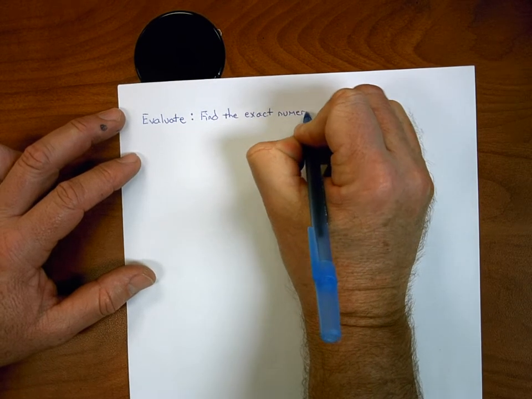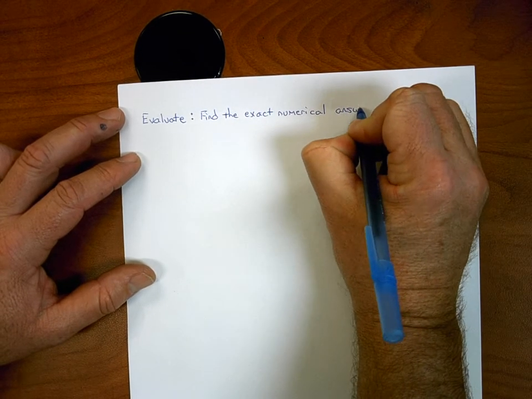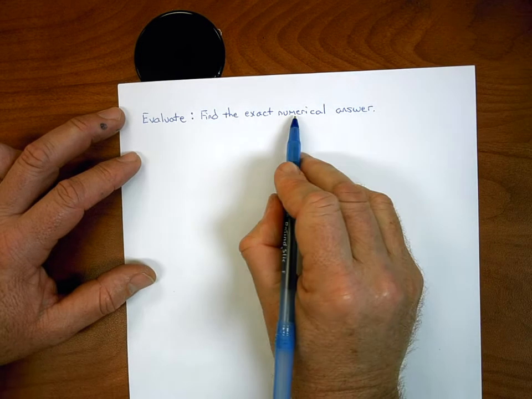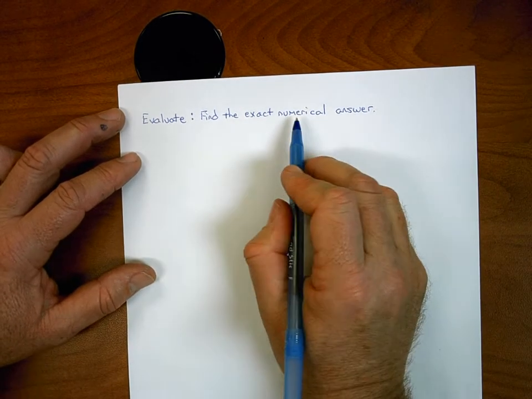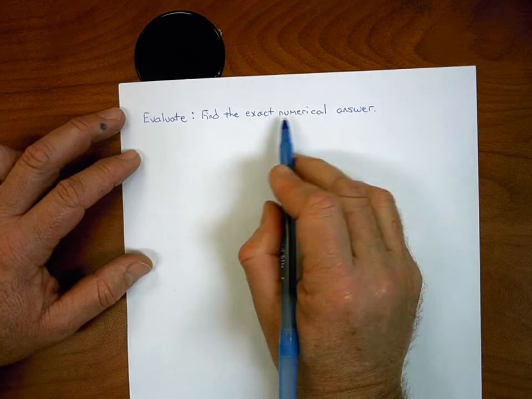Okay, so that means almost all of the time, when you're done evaluating a problem, your answer will be a numerical value. It usually will not involve x's or y's or z's or variables.